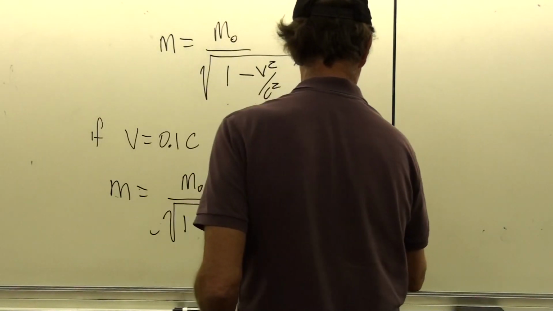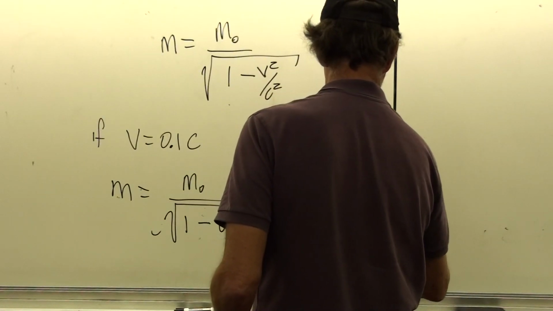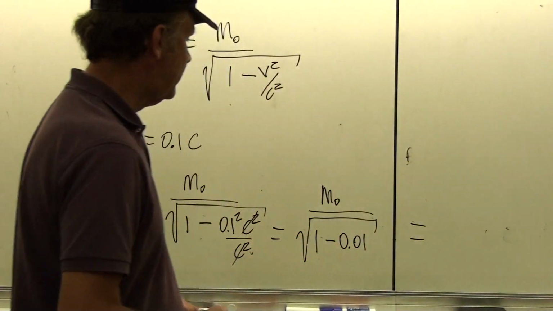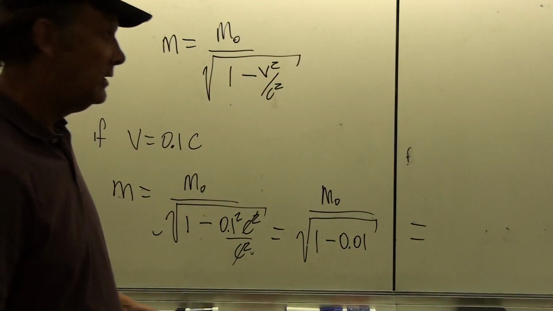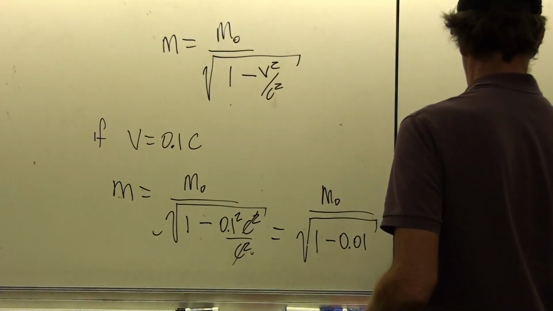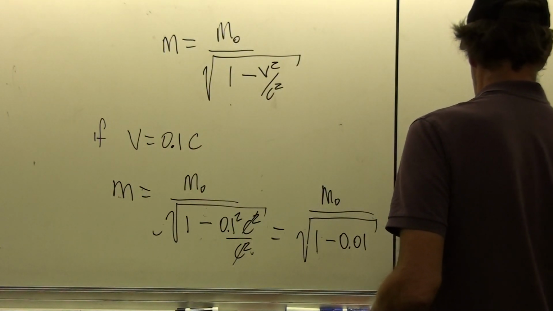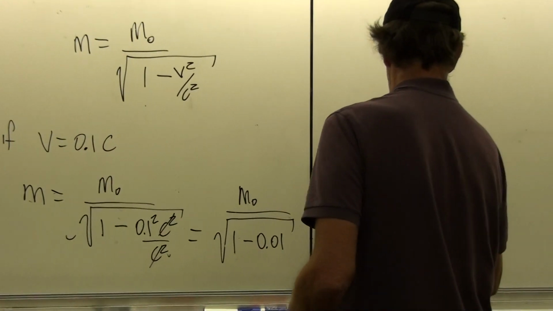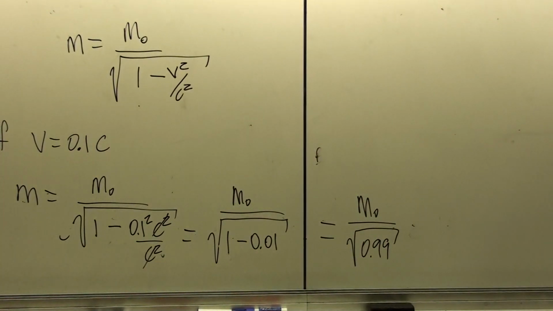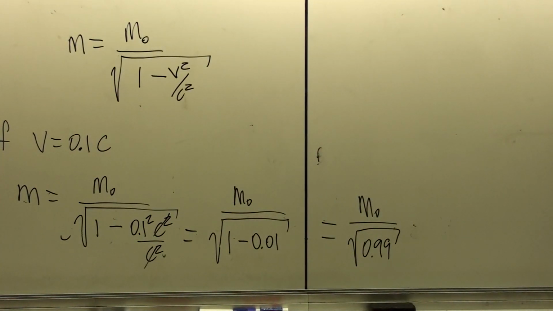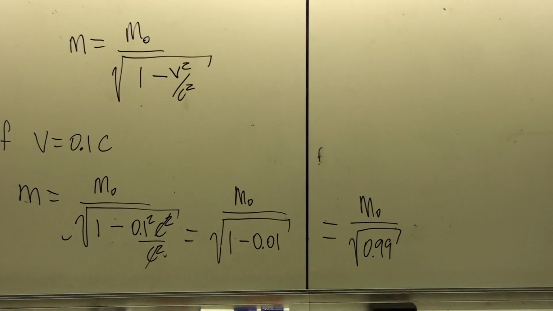Okay, so we got a 0.01 here, but 1 minus 0.01 is 0.99. So that gives us m naught divided by root of 0.99. Square root of 0.99 is 0.995.